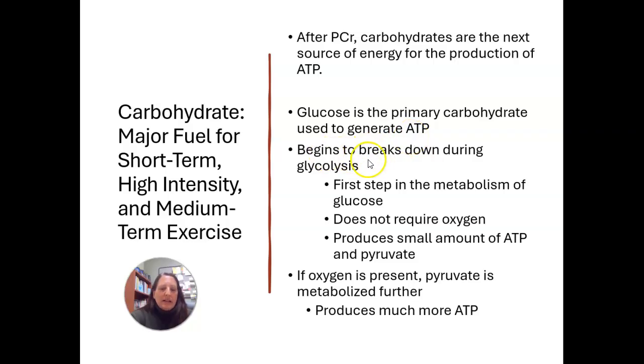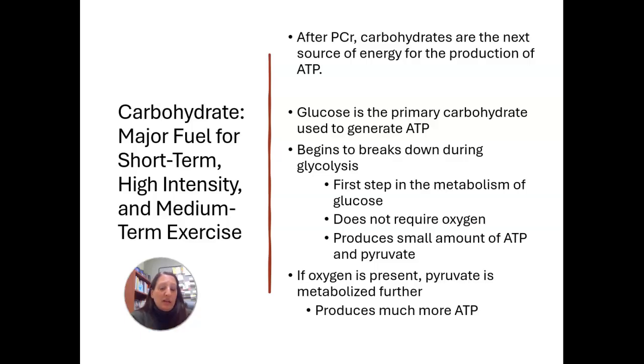Glucose begins to break down during glycolysis. That's the first step of metabolism for glucose. This step happens in the cytoplasm of the cell. It does not require oxygen, so it's an anaerobic process. During glycolysis, a small amount of ATP is produced, 2, and 2 molecules of pyruvate.